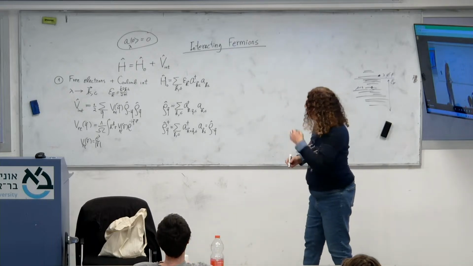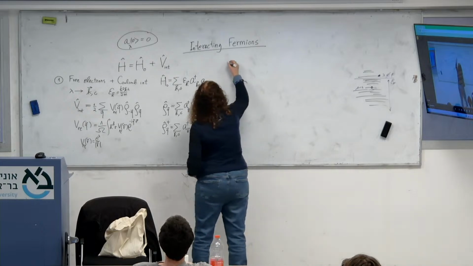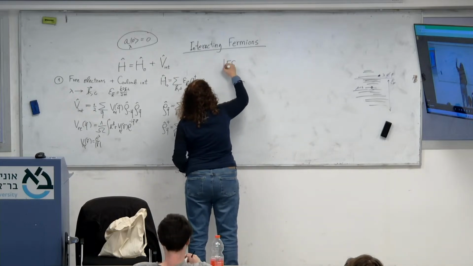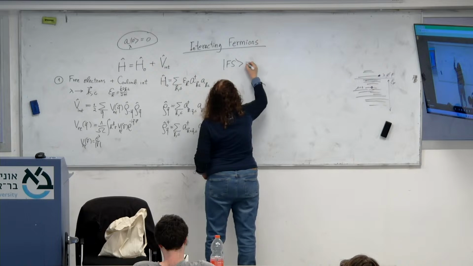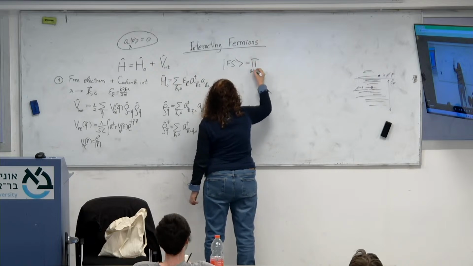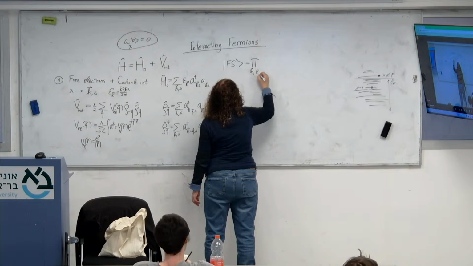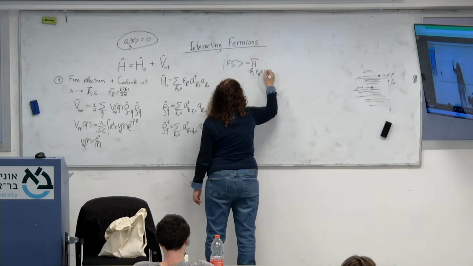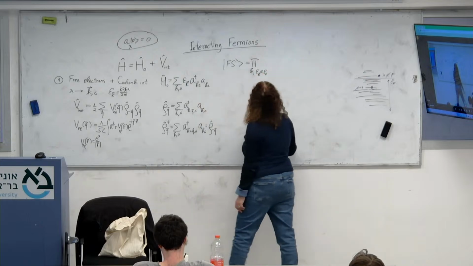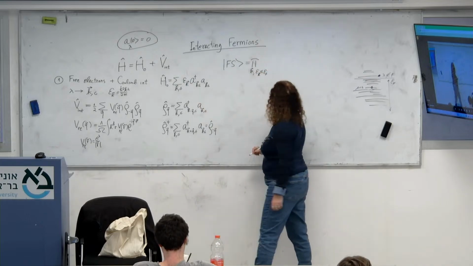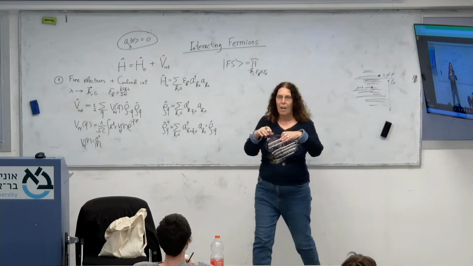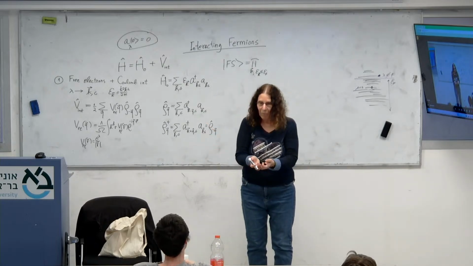In this case, what is the state that I named FS? It is the product of all the k's where epsilon k is smaller than E_F, namely all the k's that are inside what? Inside a Fermi ball, right?